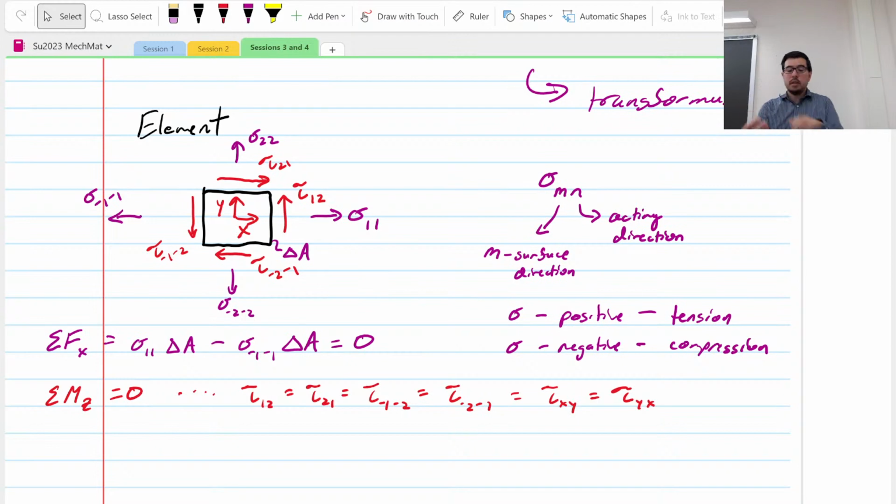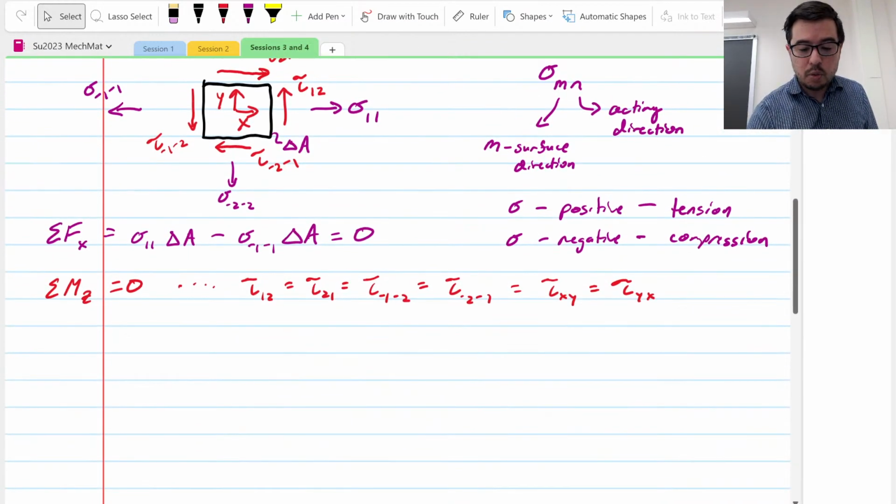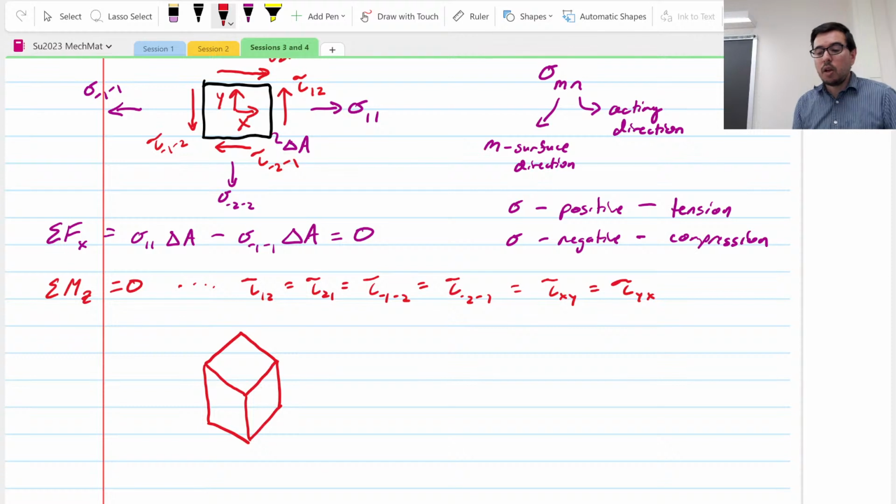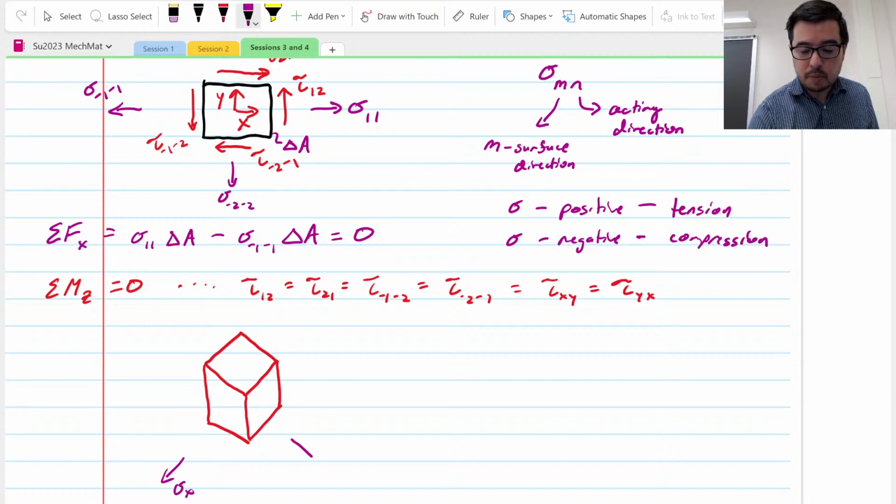If you think about this as an element that's a cube, in these cases, now here we'll call this sigma x, we'll call this sigma y, we'll call this sigma z, and that's saying now that we have an x, y, z like this.